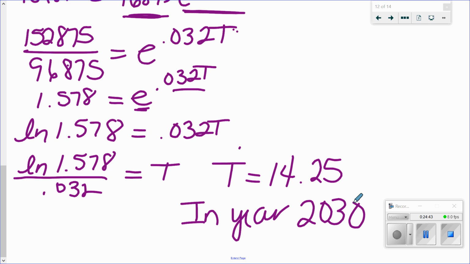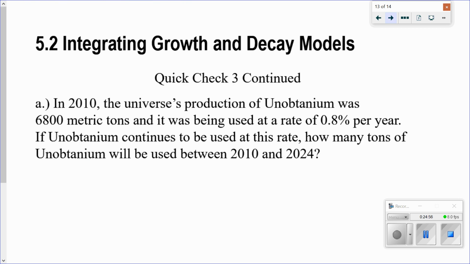Okay, remember they asked us in what year. So it's 14.25 years later, but that would mean that since we started in 2016, it is the year 2030.